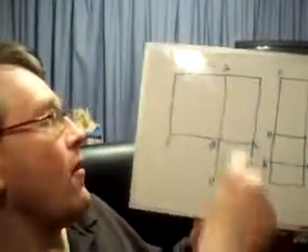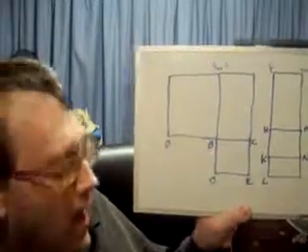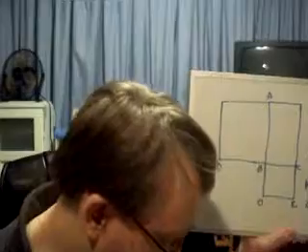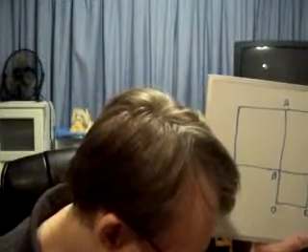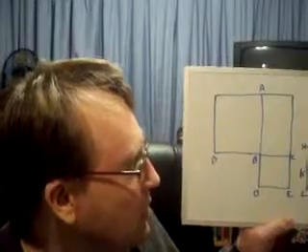Since each of the squares AD and BE is medial, and AD is equal to GH. So now we've established these are medial, and we've also established that AD is equal to GH.